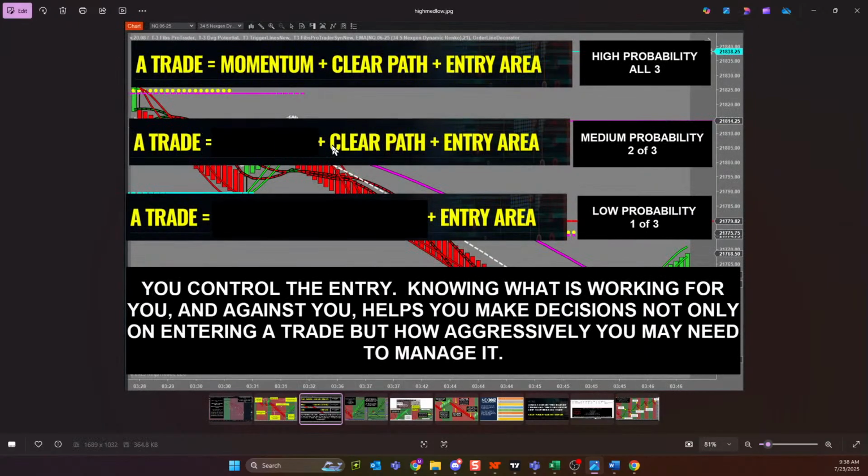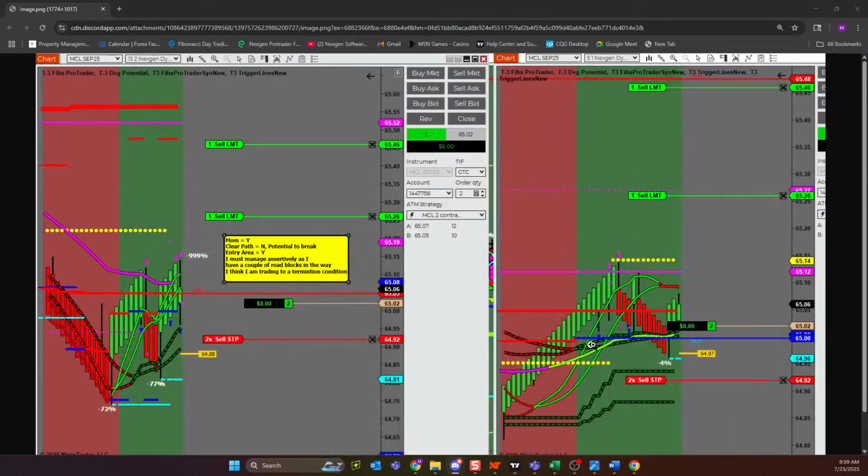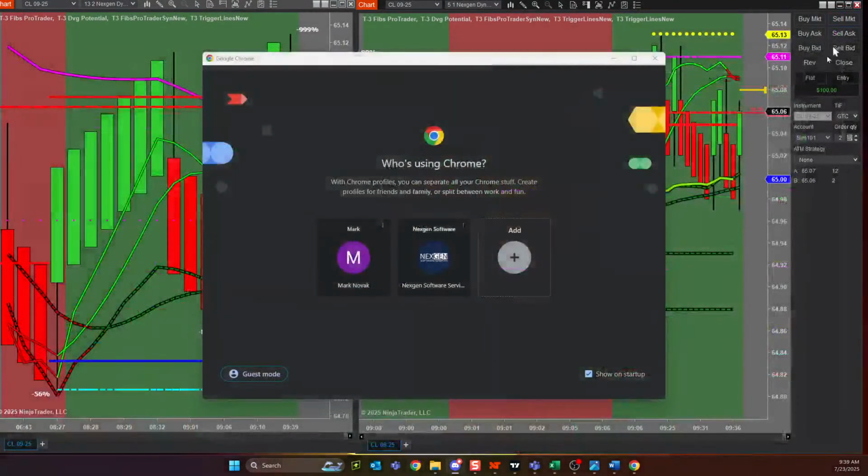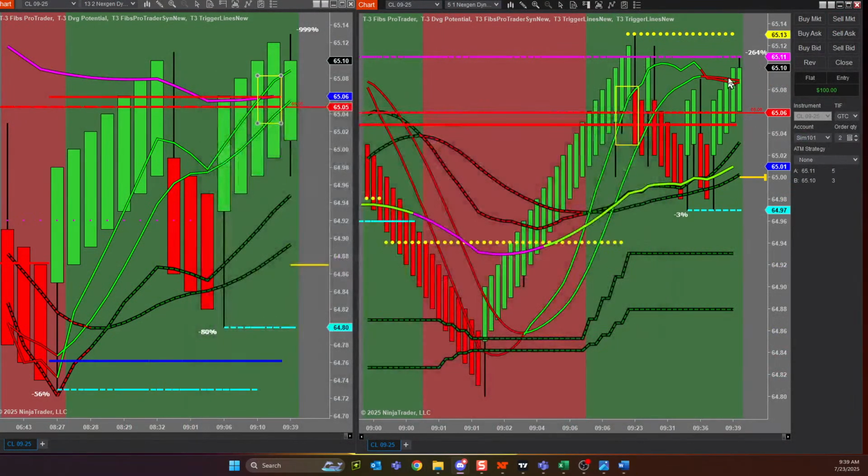And because one of those advantages is missing, you may need to manage aggressively. Does that make sense? It could break and it could run. I'm not going to leave $100 worth of risk if I don't have to. I'm going to manage it assertively. If it goes, outstanding. I'm going to take quick profits. I'm going to get to break even ASAP.